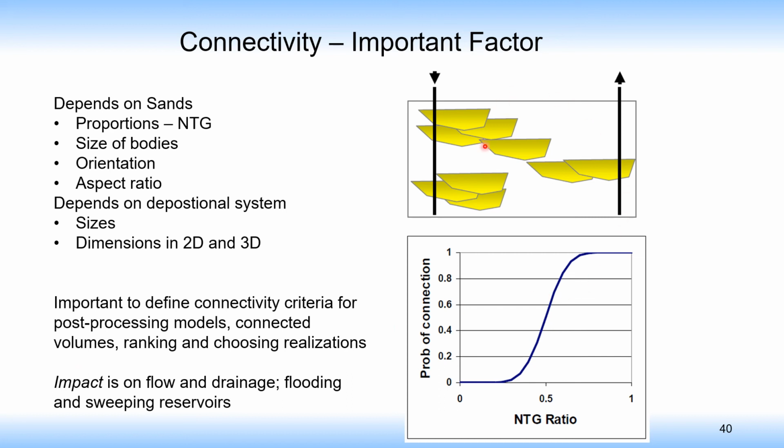Although this kind of direct net to gross connectivity doesn't work perfectly for, say, thermal operations and unconventionals. But you want to come up with a plan here for your ranking, getting your connected net pay ranking and choosing realizations to take to the simulation.